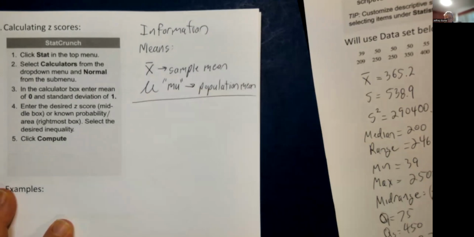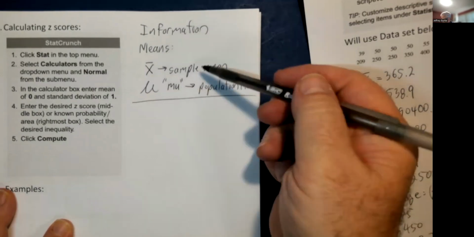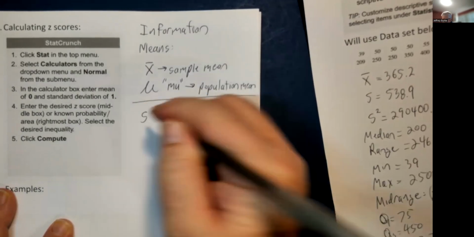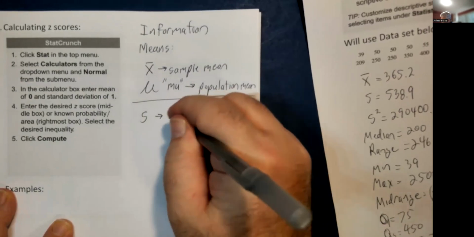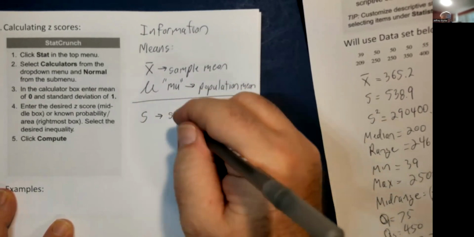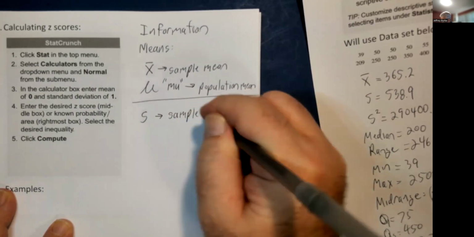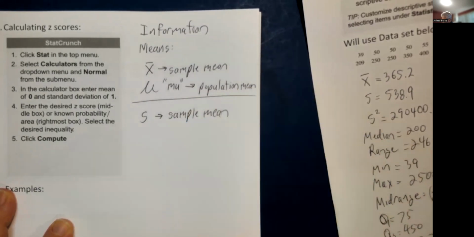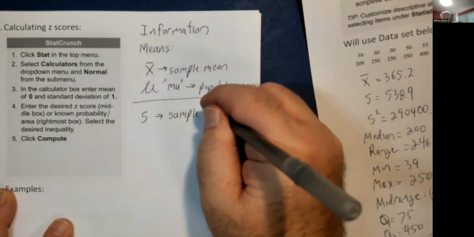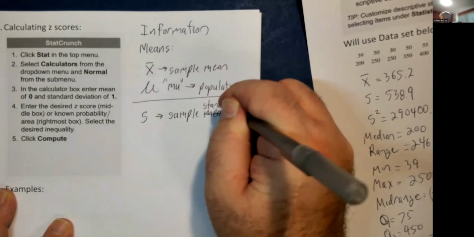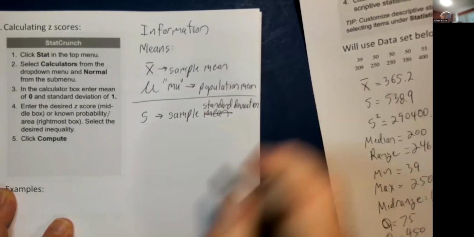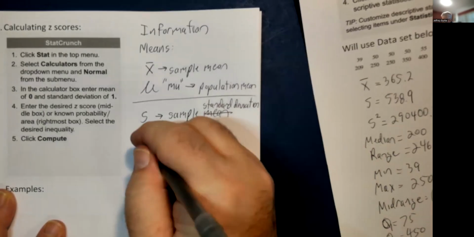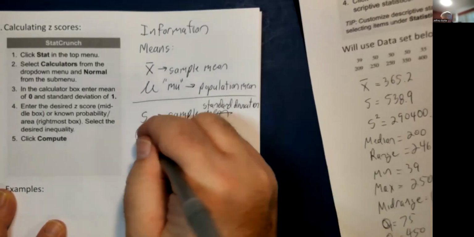In terms of standard deviation, we have two types as well, and they fall into these same categories between sample and population. For a sample, the standard deviation is denoted by s. And if we want the population standard deviation, we denote this with a lowercase Greek letter sigma.